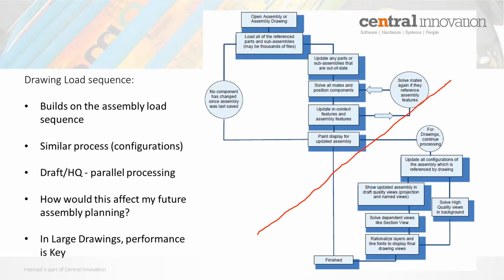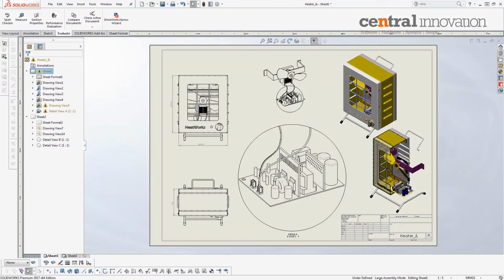I haven't really talked about these in the last two parts, but configs can have an impact depending on how much configuration data has been included in the assembly model, and also subsequently the parts. If I just bring up the SolidWorks screen, just wait for that to come up.